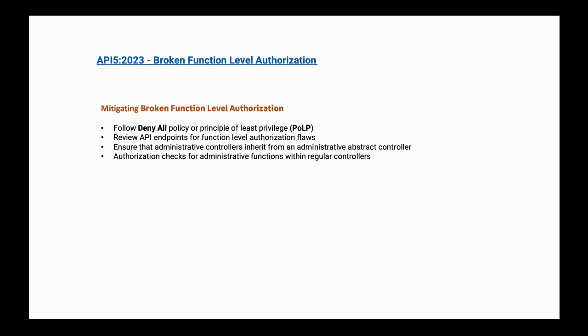So let's say if you have a hierarchical structure and you are abstracting a new controller from the parent controller, just make sure that hierarchy is valid and you're not providing invalid access through any of the abstracted controllers by mistake. And also authorization checks for administrative functions with regular controllers. So make sure that all the functions that are to be accessed by administrators are properly checked for authorization.